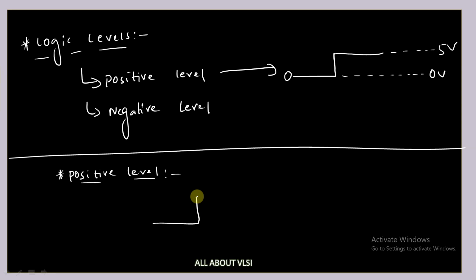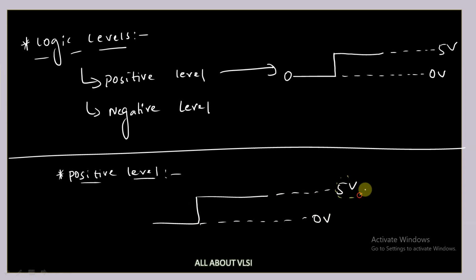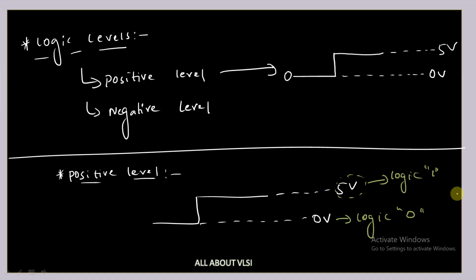Let's say we have a waveform like this, corresponding to 0 volts and 5 volts. In the case of positive level, you are representing your higher voltage with logic 1 and your lower voltage with logic 0. So this is nothing but your positive level.